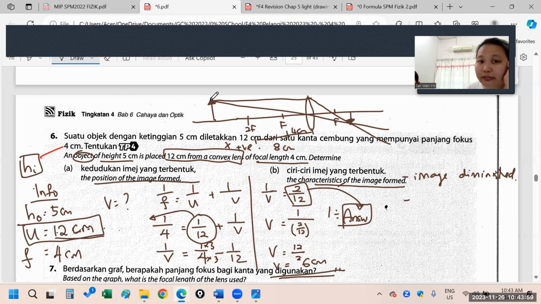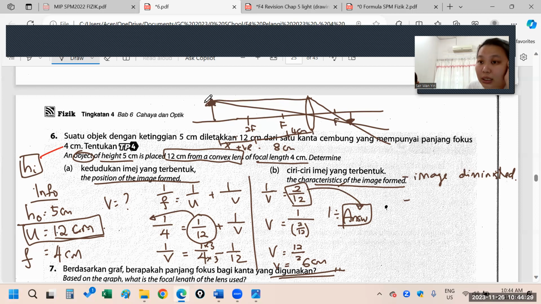U is very far away from F and 2F. Draw the principal axis, F roughly the same distance, 2F roughly the same. In exam, please use a ruler to measure F and 2F. Then U is very far away. U is 4 cm beyond 2F, 12 cm.